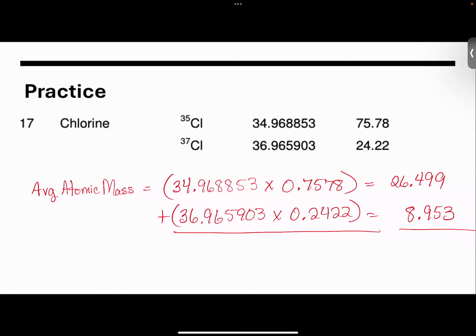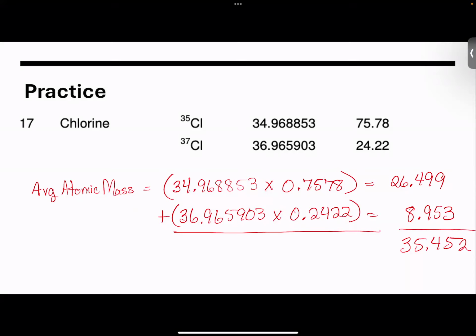You add these 2 together, and you get 35.45, technically 2, as the average atomic mass.